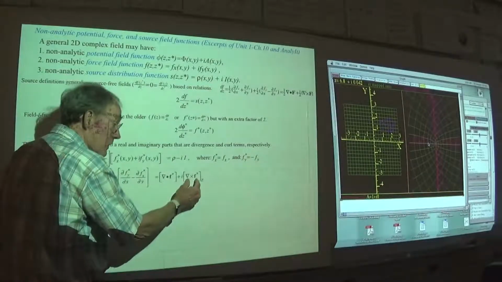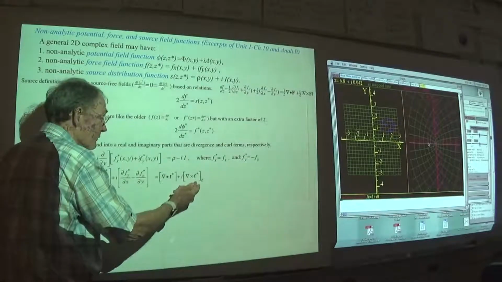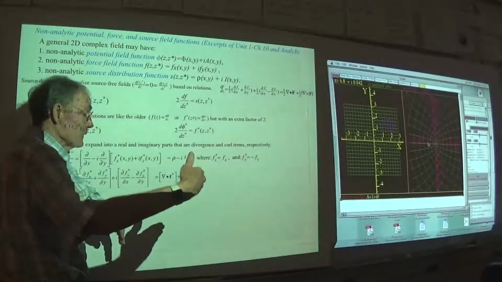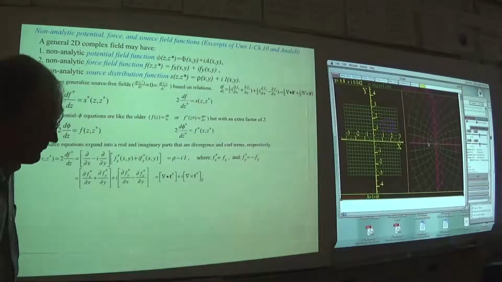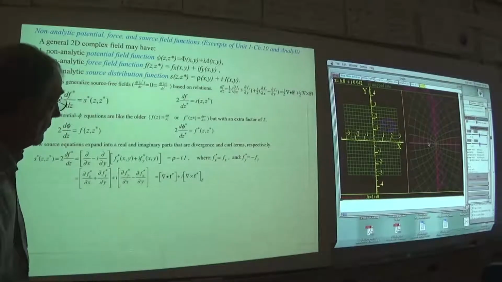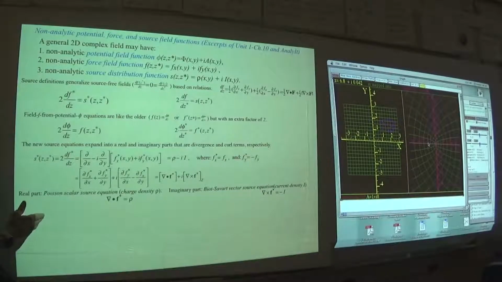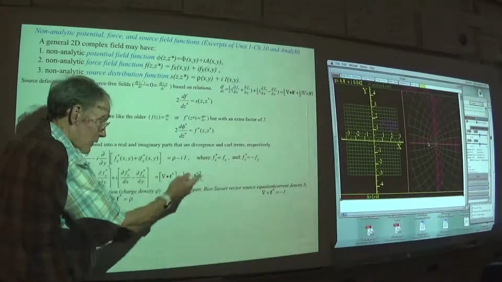Again, it's just a number as a function. It's a function representing the component of curl that is perpendicular to the complex plane, if you're thinking the way you would normally for a curl. That was true before as well. So we're going to be having non-zero values for those.